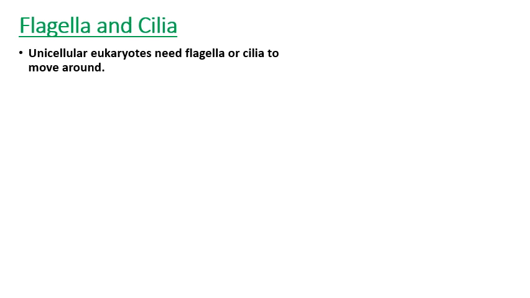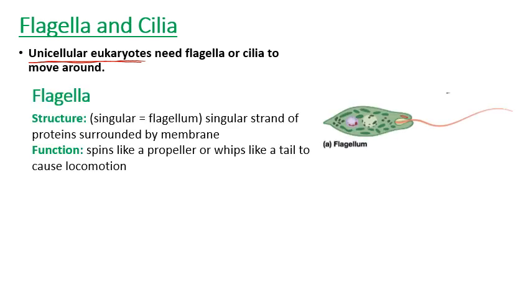Alright, flagella and cilia. These organelles help unicellular eukaryotes to move around. Let's look at flagella first. So the structure of a flagella, it just looks like a tail, and it's essentially a single strand of proteins, and they're surrounded by a little membrane around them.